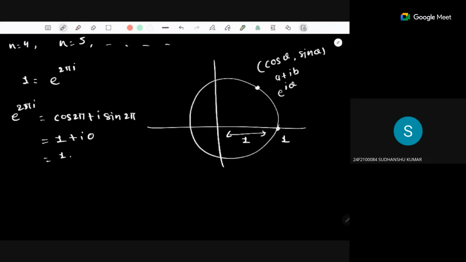So that means this 1 can be written as e to the power 2 pi iota. This also can be written as e to the power 2 into 2 pi iota, right? This is the same as e to the power 3 into 2 pi iota, and so on.